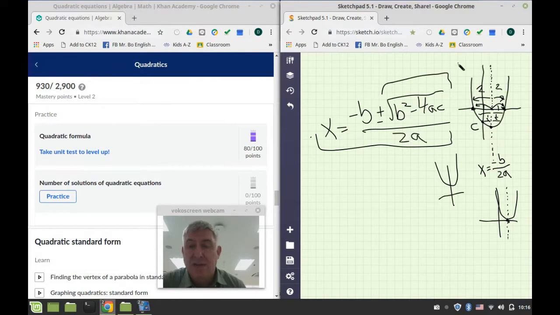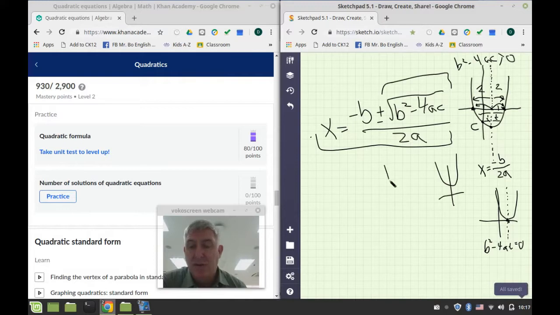One case is b squared minus 4ac is greater than 0. This case, b squared minus 4ac is equal to 0. If it's equal to 0, then the square root of 0 is 0, and we just have this here, so we have only one point, and the one point is on the axis of symmetry.